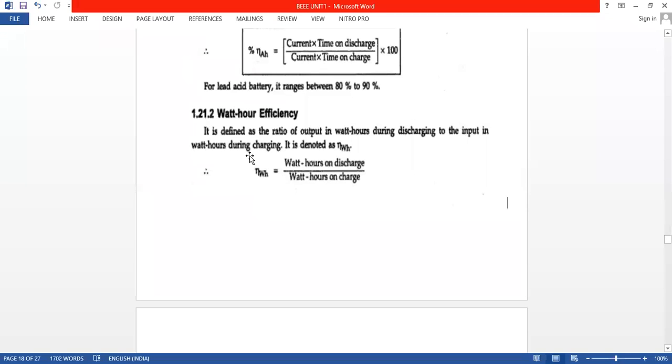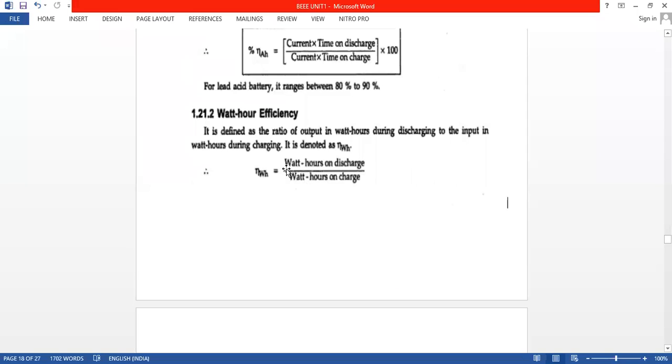So for a battery, what is the efficiency in general? Output energy is electrical, input energy is chemical. So we say efficiency in terms of watt hour: how much power the battery is generating and how much chemical energy it is consuming.